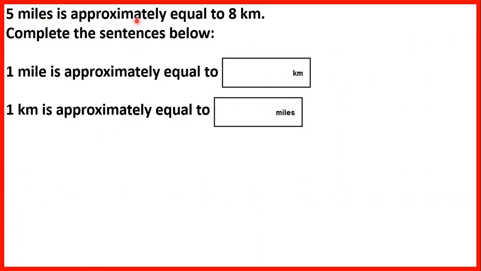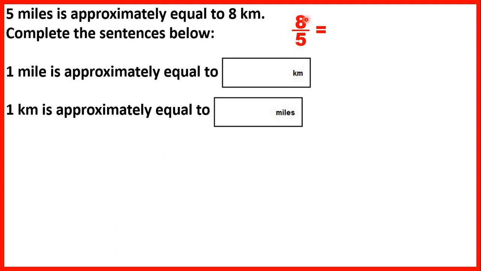5 miles is approximately equal to 8 kilometres. Complete the sentences below. 1 mile is approximately equal to how many kilometres? Well, 5 divided by 5 is 1, so we need to do the same to the kilometres and work out 8 divided by 5. We could write the division as a fraction, so 8 divided by 5 is the same as 8 over 5.